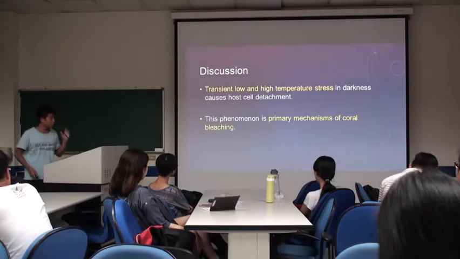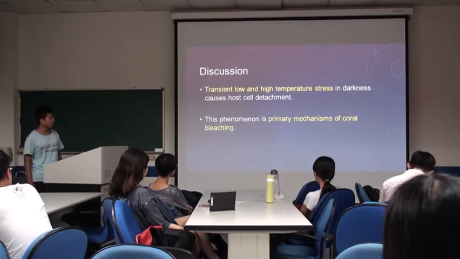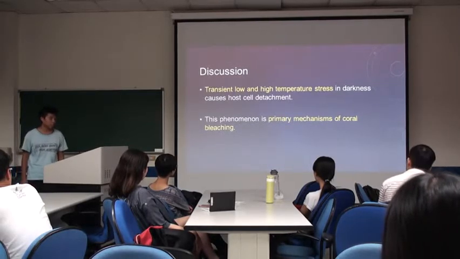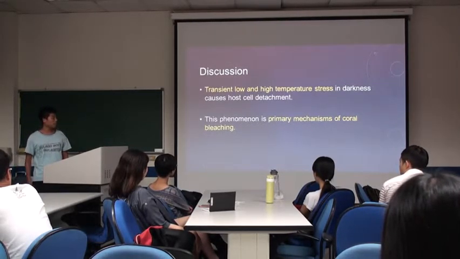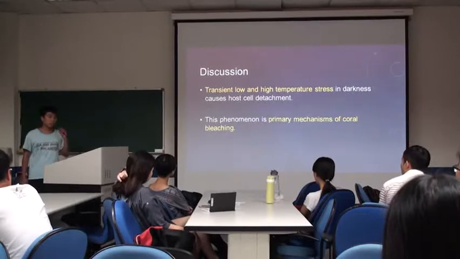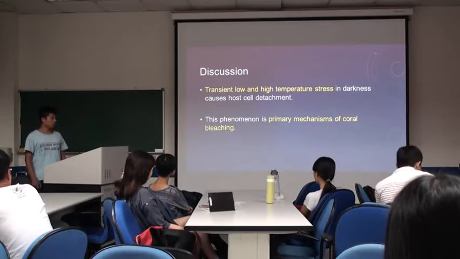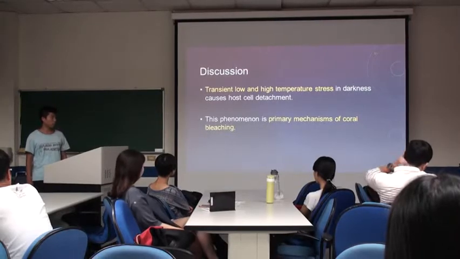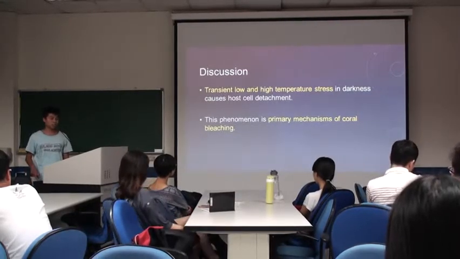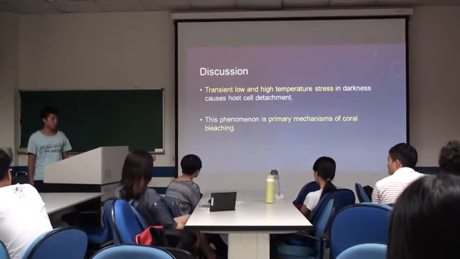Discussion. Transient low and high temperature stress in darkness causes host cell detachment, and this phenomenon is the primary mechanism of coral bleaching. The research team speculates that the cell release from the anemone is caused by host cell adhesion dysfunction.